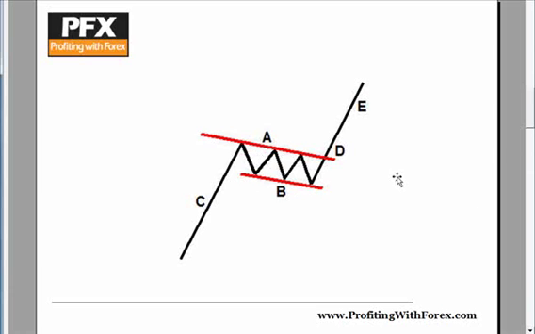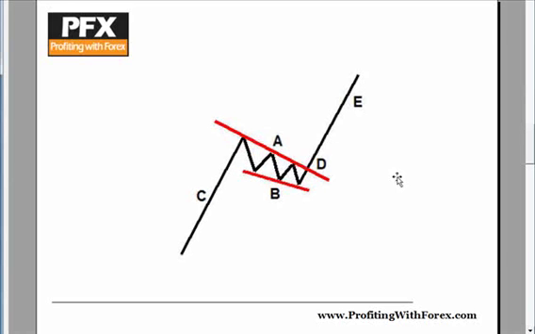It's called the flag. One more slight variation of this is called a wedge. And in the wedge, you see that just like a pennant, the support level and the resistance level are converging on each other. The currency pair is getting compressed down into a tighter and tighter range. But unlike a pennant, both of these lines are trending downward.